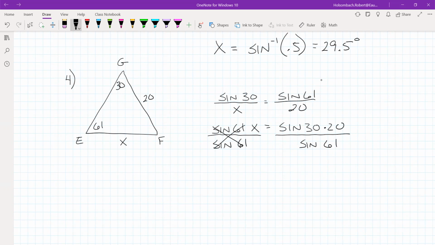These cancel. X is equal to 30 sine times 20 divided by 61 sine, and 11.4.